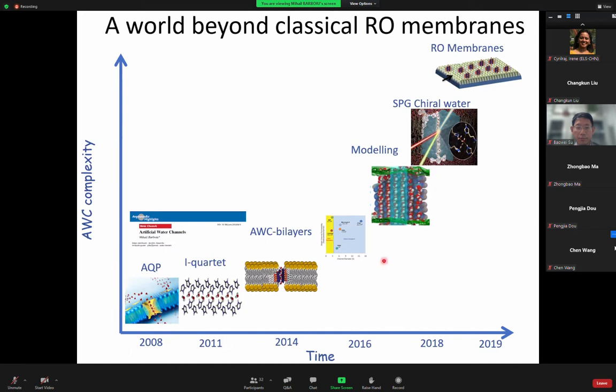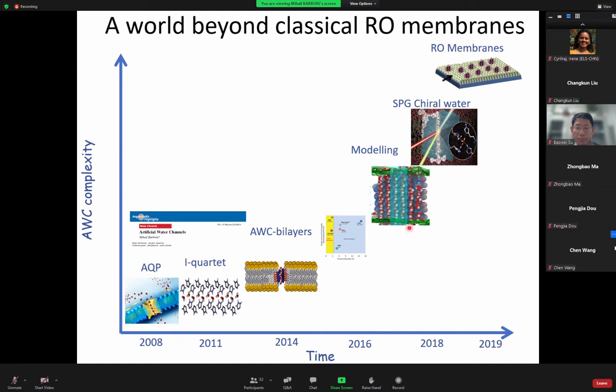Then we spent a lot of time trying to compare these systems with natural ones, and several systems have been developed around the world. The modeling people came into the field to try to explain the mechanism and the several properties. I have no time to explain this, but they are highly important to explain the structure of water under confinement.